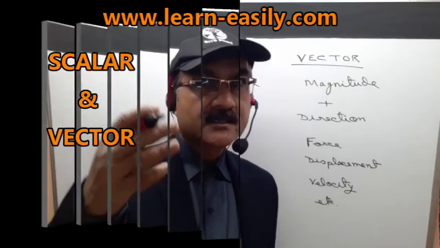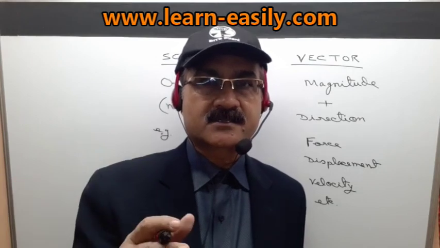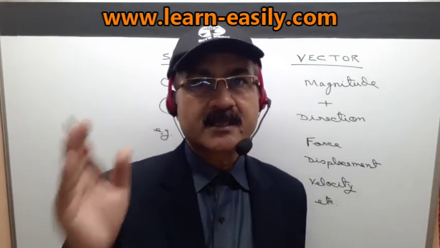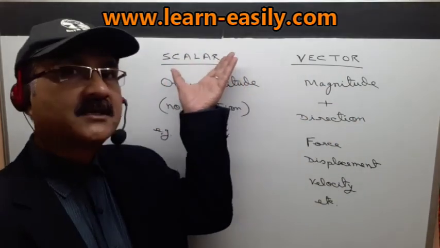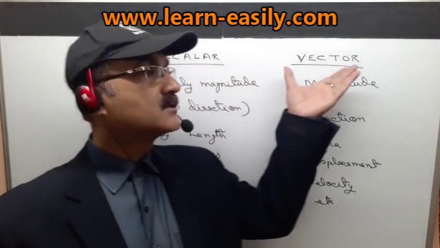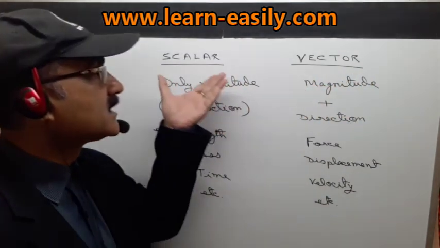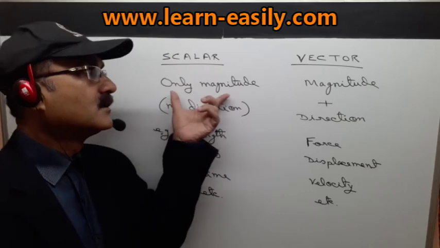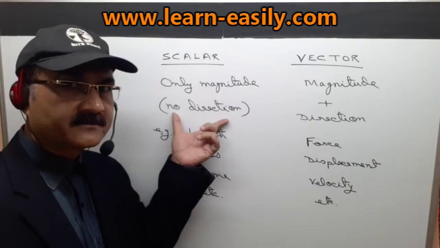So, you should understand that the different physical quantities in physics are divided into two categories. Some quantities are called scalar quantities and some quantities are called vector quantities. The scalar quantities have only magnitude, they don't have any direction.